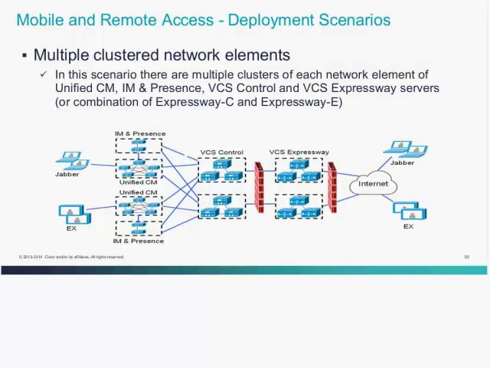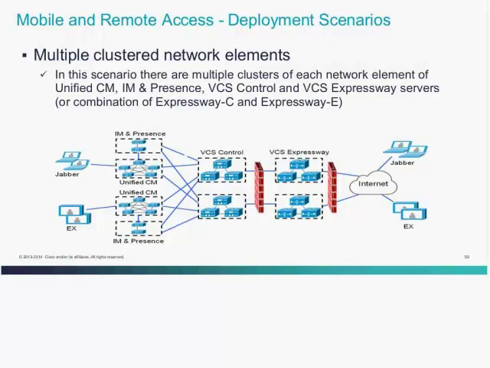All right, so the multiple clustered network elements. Here you see you have multiple clusters, not just one CUCM cluster, but multiple CUCM clusters. Now the point to keep in mind is each of your CUCM clusters needs to be configured on your Expressway C server.